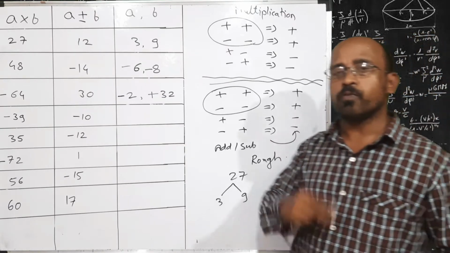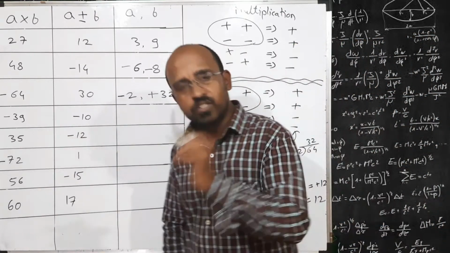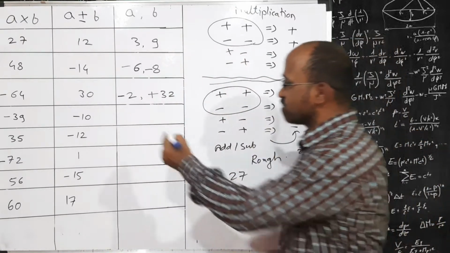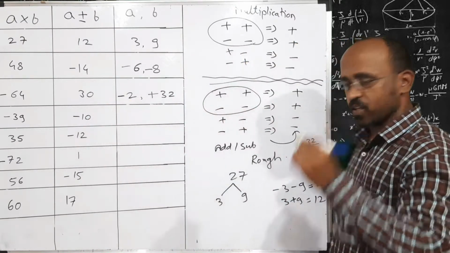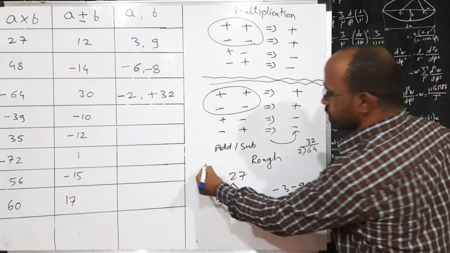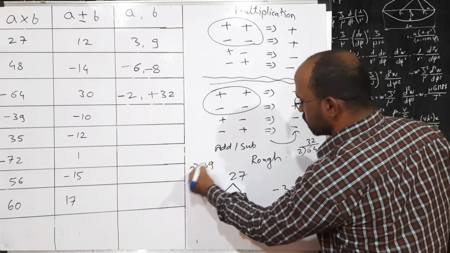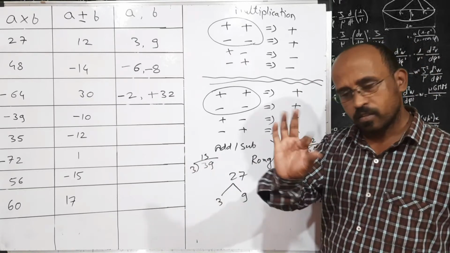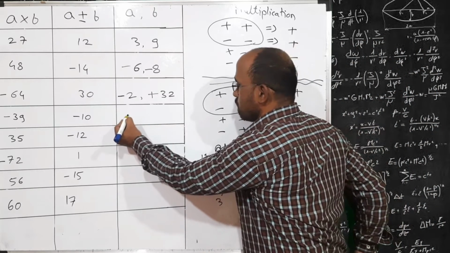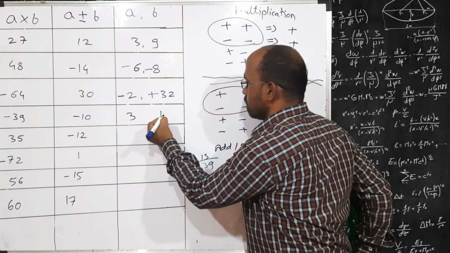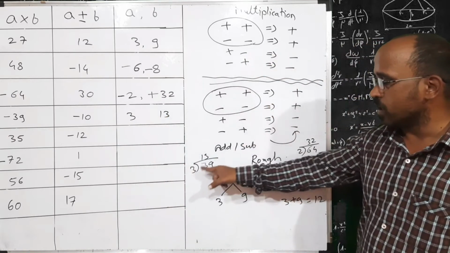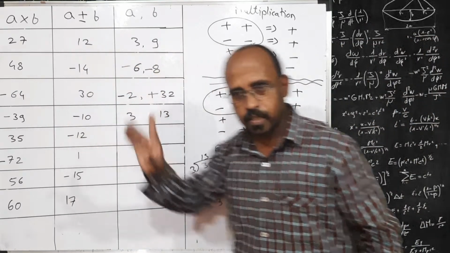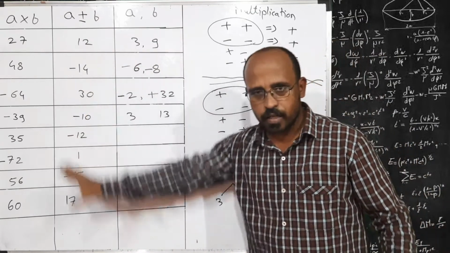So we have to look for two factors of 39 such that their subtraction is 10 and multiplication is 39. 39 is divisible by 3, 39 divided by 3, answer is 13. Subtraction, 13 minus 3, 10. So those two numbers are 3 and 13. 13 into 3, 39, 13 minus 3, 10.